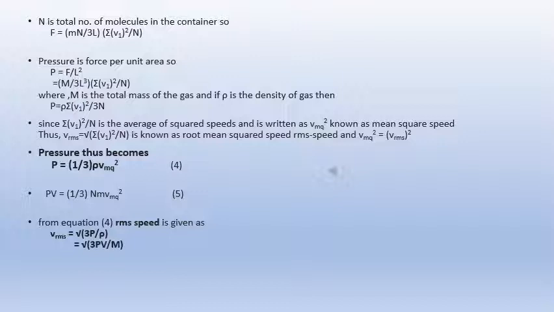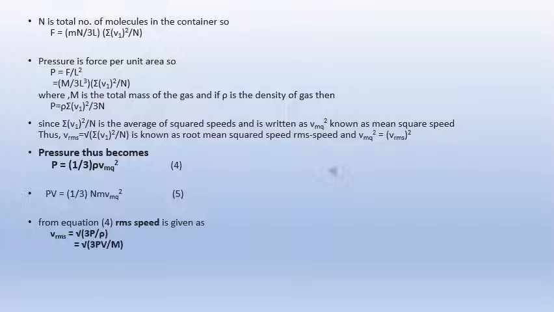Since summation V1 square upon n, where n is the total number of molecules, is the mean square velocity, we define the RMS velocity as the square root of summation V1 square upon n, which is known as the root mean square velocity.